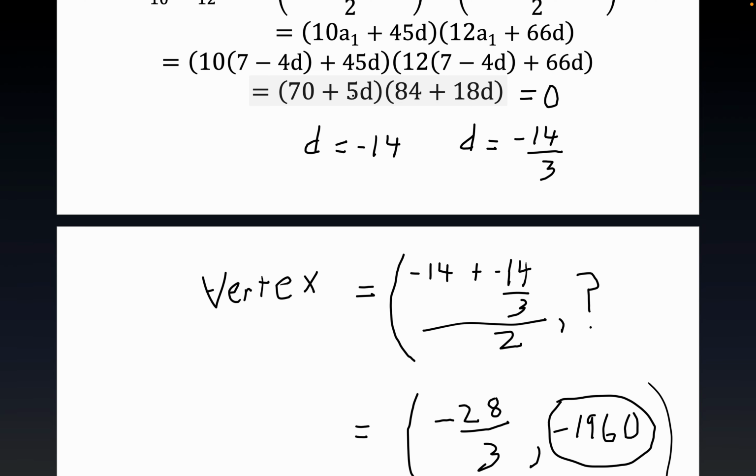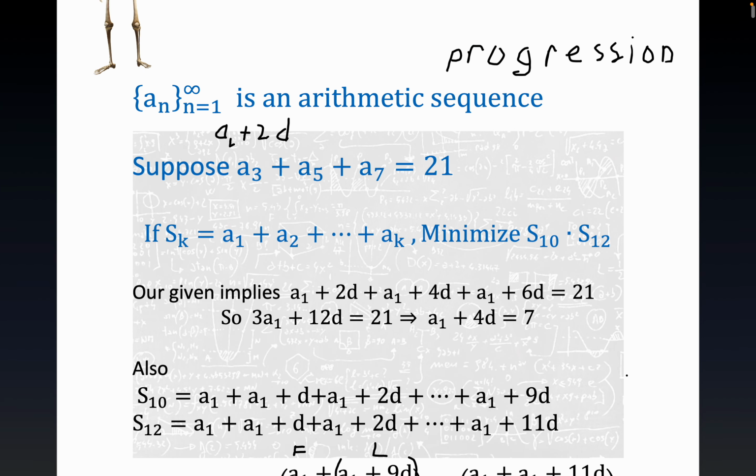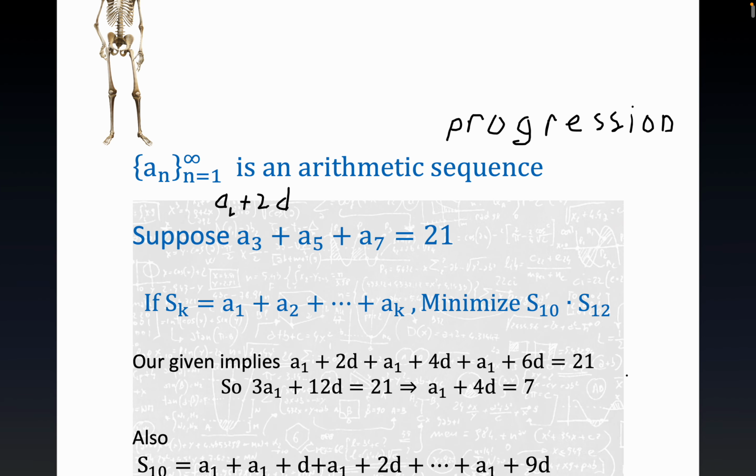If you do minus 10 here, you would get, for d, you would get 20. You get some number, but it would always be a number greater than minus 1960. So the answer to the question is minus 1960. That's the minimal product.